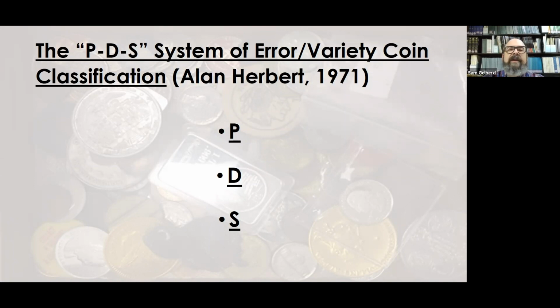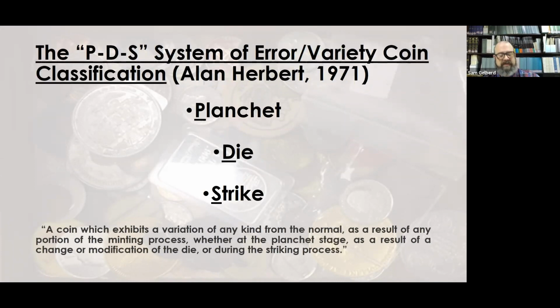So if you look on the screen, Alan Herbert, great error die variety collector and specialist researcher, came up with the PDS system to classify error and die variety coins. Of course, PDS, easy for us to remember, is Philadelphia, Denver, San Francisco. But when you talk about error or die variety coins, especially errors, you have to think of the three main points where something could go wrong.